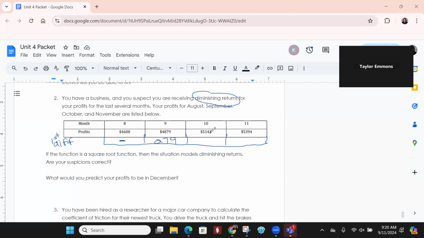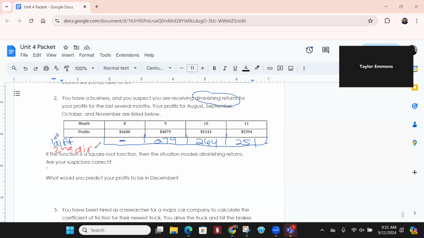What is 51.43 minus 48.79? Okay. And then what is 53.94 minus 51.43? Okay. Now, the first difference is not the same, so it's not a linear function. Let's go ahead and look at the second difference.